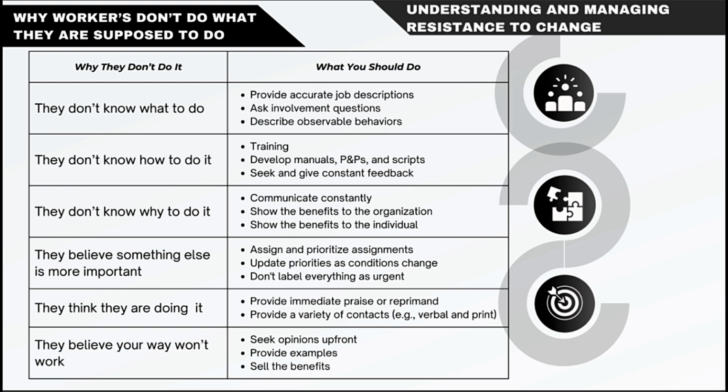Furthermore, priorities may change over time due to shifting circumstances or organizational needs. Therefore, it's essential for managers to regularly update priorities as conditions change, reallocating resources and adjusting focus accordingly.